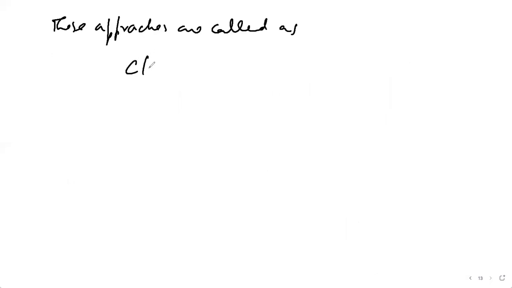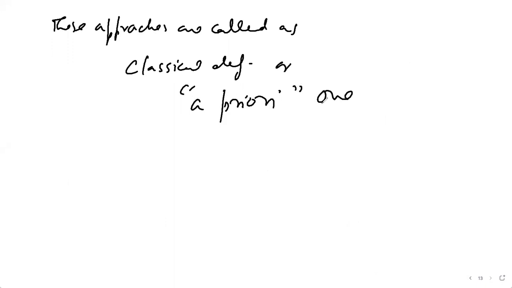So these approaches are called the classical definition, or maybe the a priori one, where each event has an a priori probability which is equal for any sort of events, right?